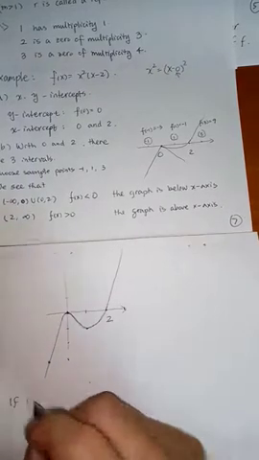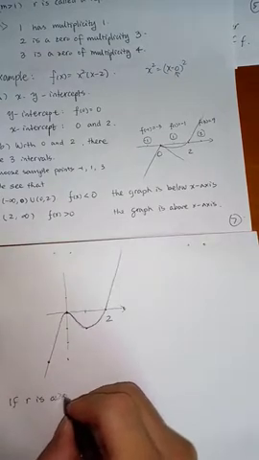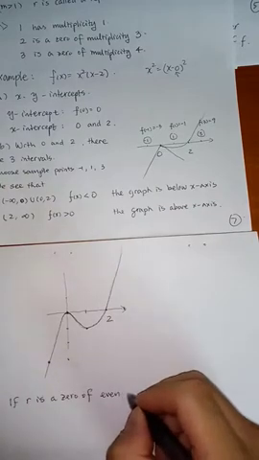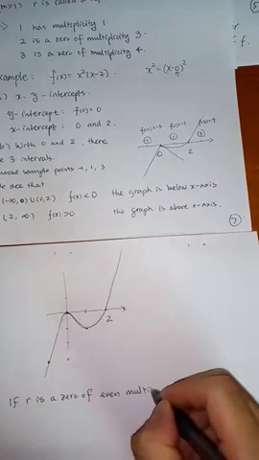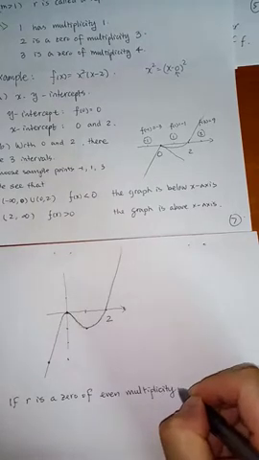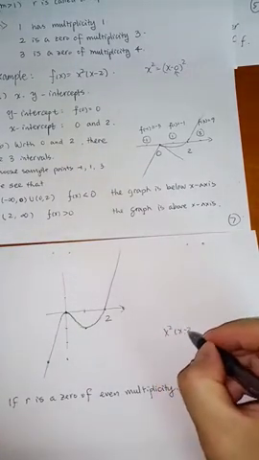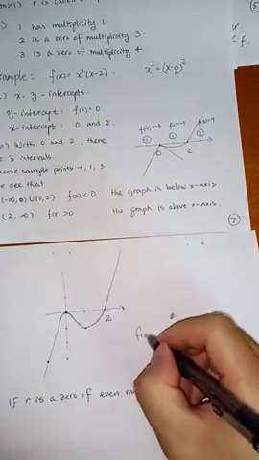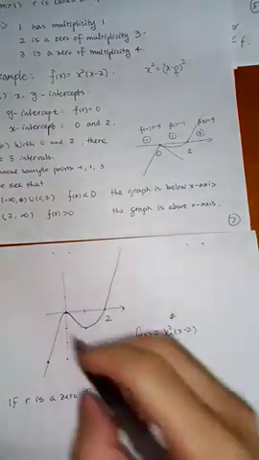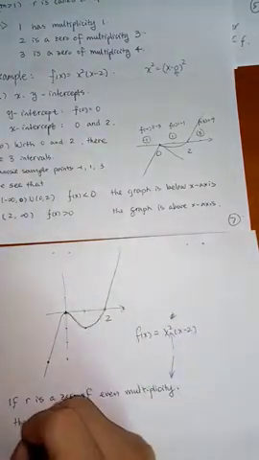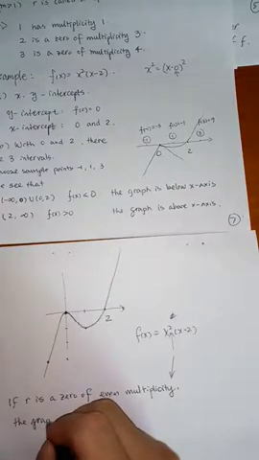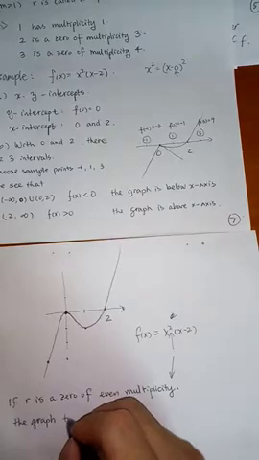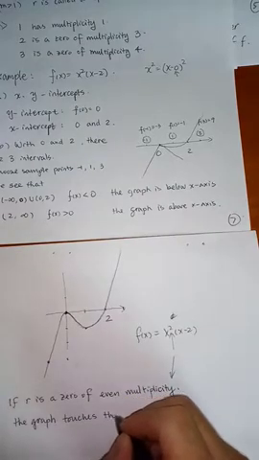If r is a zero of even multiplicity, like x squared in x squared times (x minus 2), then the graph touches the x-axis.